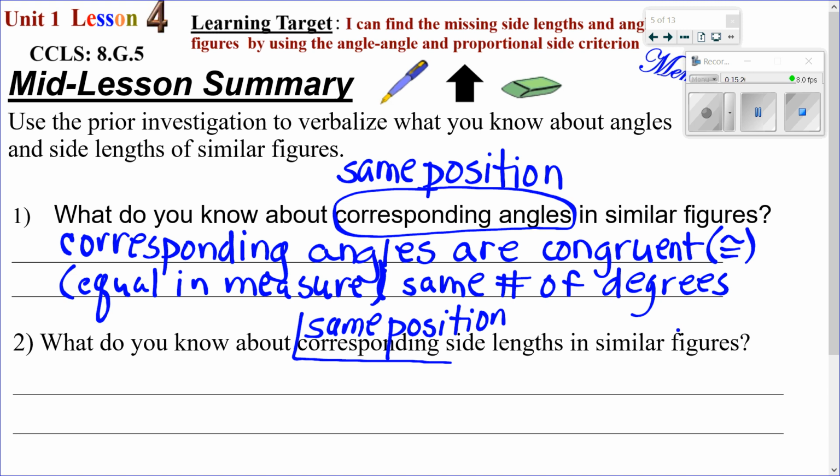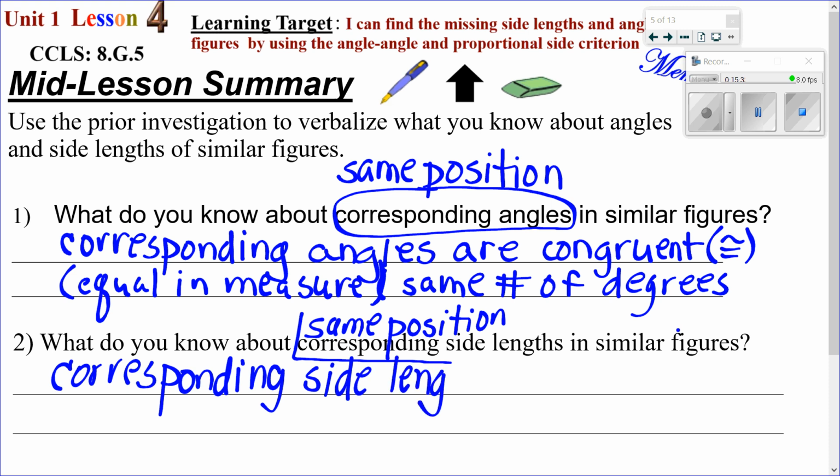So corresponding side lengths are in proportion.